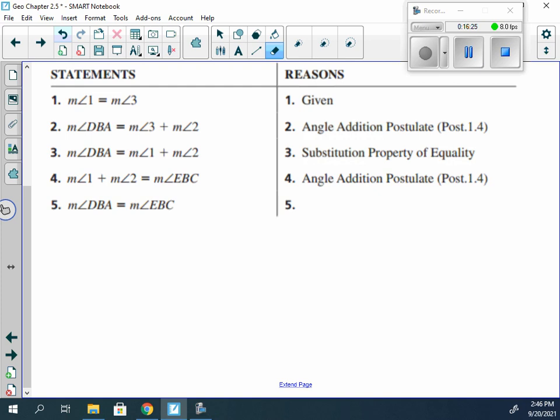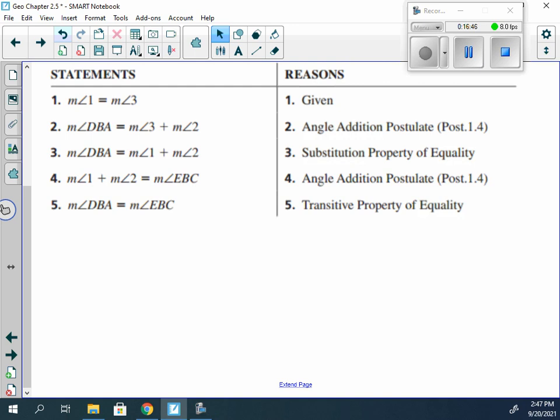And last but not least, what would our last part be? Transitive property of equality. Because we said that DBA is equal to the measure of angle 1 plus the measure of angle 2. We said the measure of angle 1 plus the measure of angle 2 is equal to EBC.